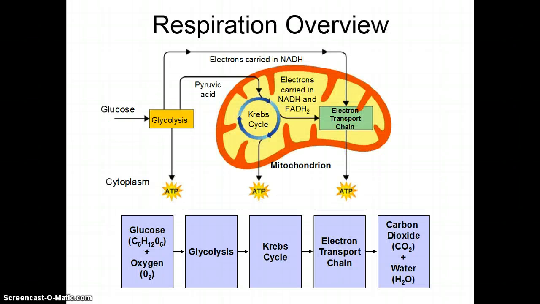So the entire process here, you start out with glycolysis. You've got glucose and oxygen that enter your body. So you have glucose from your food and oxygen that you breathe enter your body and go quickly through the glycolysis process, which makes pyruvic acid.